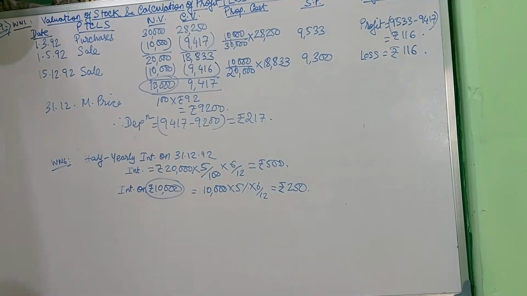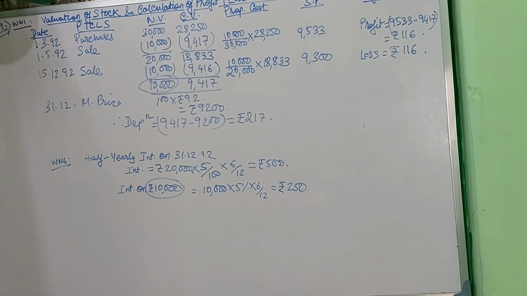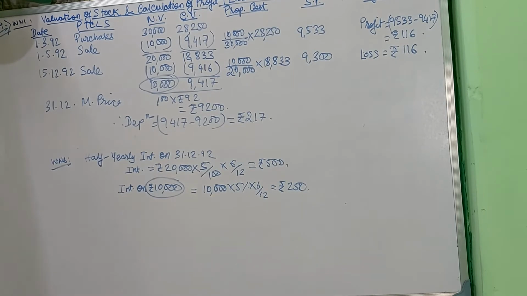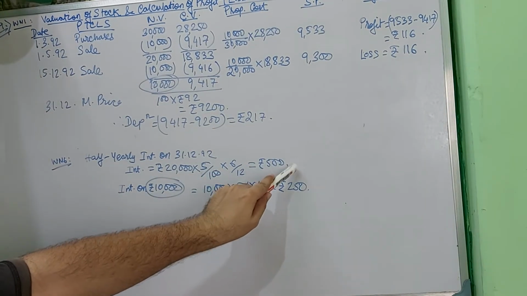This 250 will be received by XY Corporation, which should be paid personally to the buyer after receiving rupees 500.